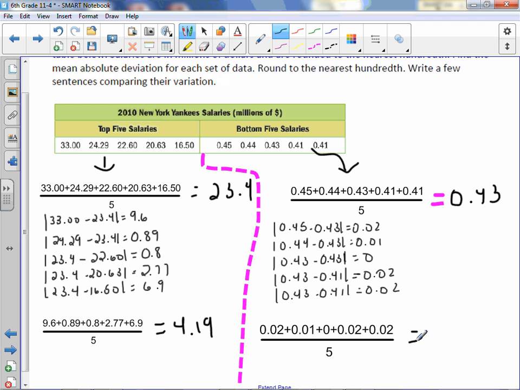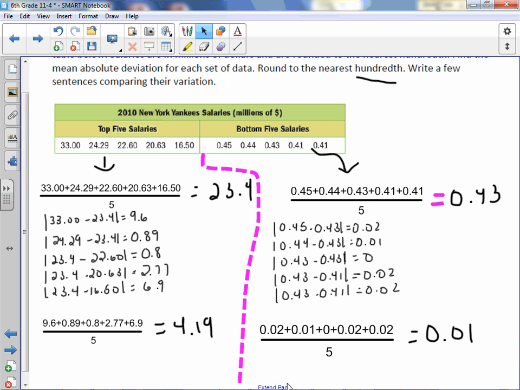When we divide that, we get 0.01. Rounded to the nearest hundredth, as it said to. Okay, so we found the mean absolute deviation for both.